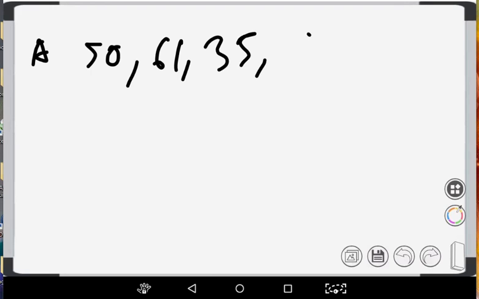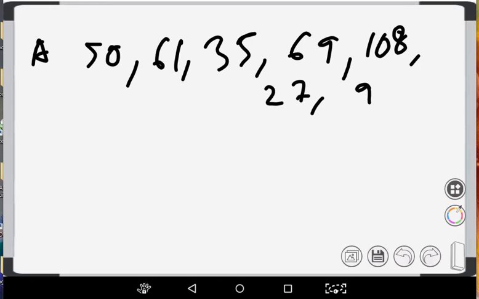In the last 10 innings, player A has scored 50, 61, 35, 69, 108, 27, 9, 73, 0, and 45.